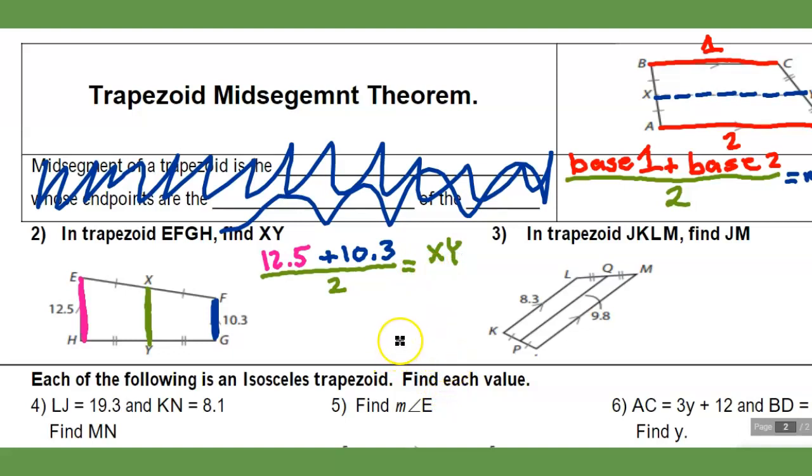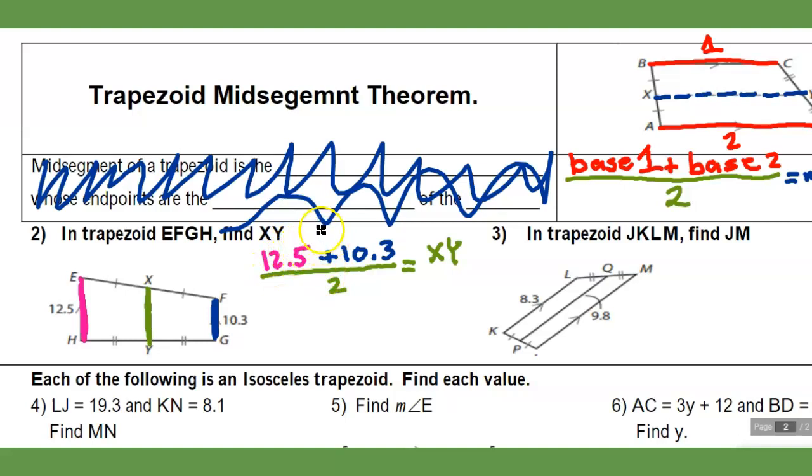And of course, that means if this is the mid-segment, this value should be exactly in the middle of 10.3 and 12.5. So if you get an answer bigger than 12.5 or smaller than 10.3, you know something's wrong. So this is nothing more than adding them up and dividing by 2, just like taking the average back in elementary school.